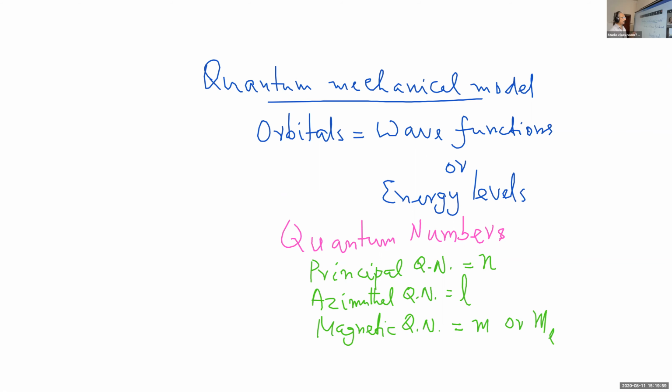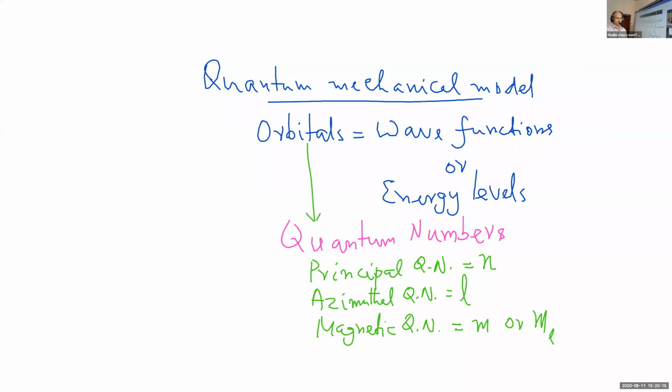So an orbital can be characterized using 3 numbers known as quantum numbers. That is the quantum mechanical approach.